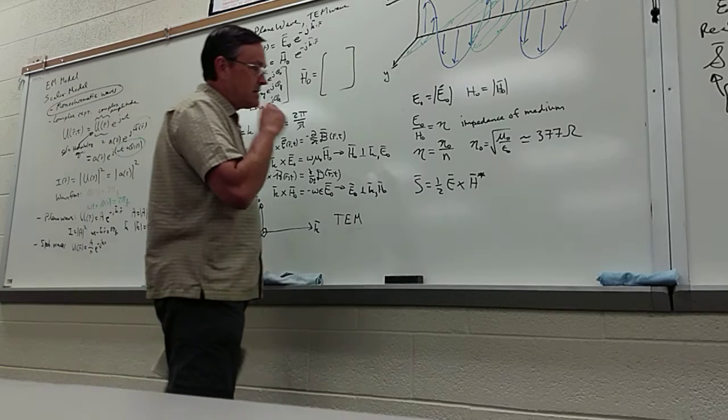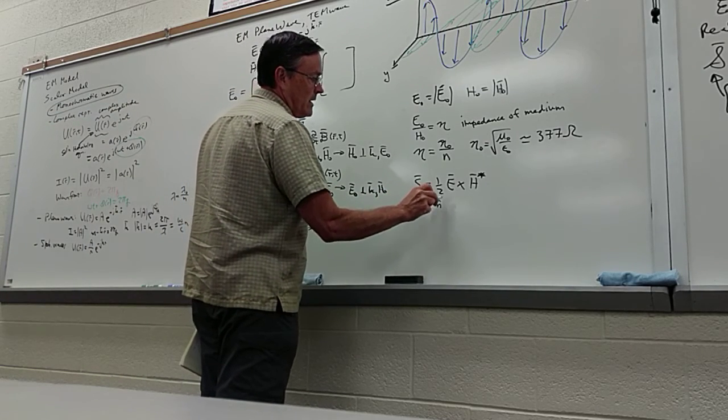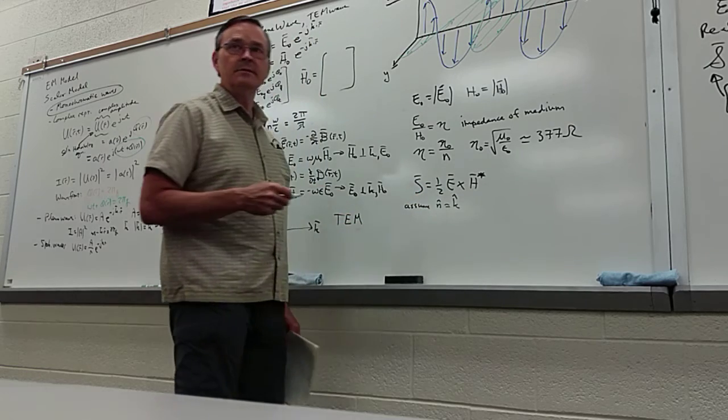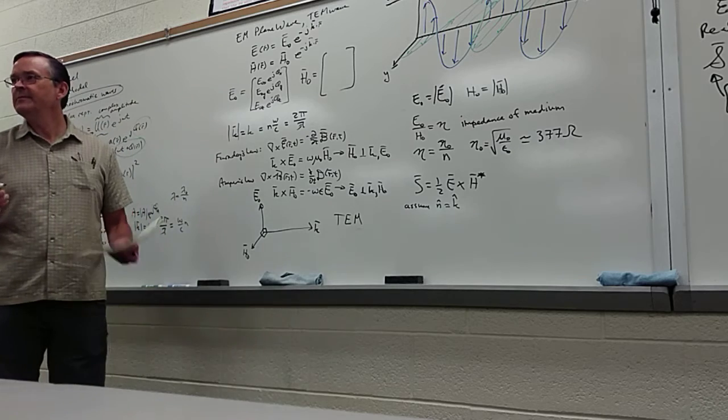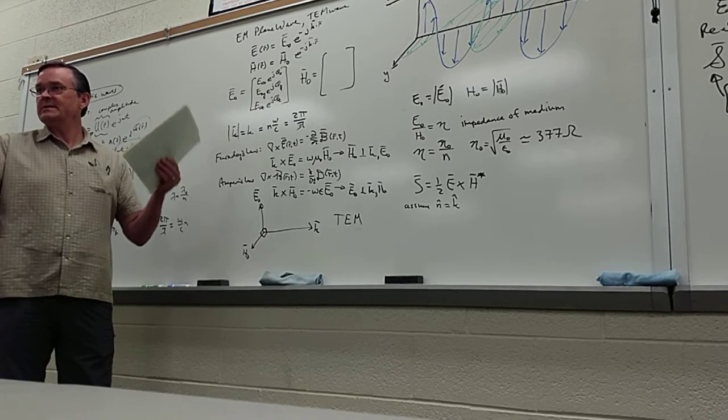And let's assume that n hat is equal to k hat. What does that mean? It means the wave is going perpendicularly into the surface that we're considering.